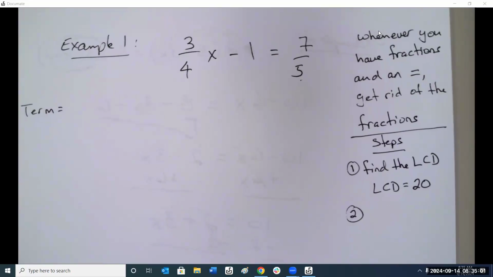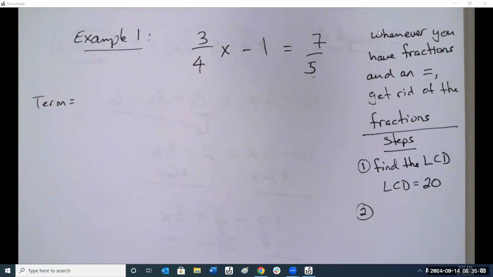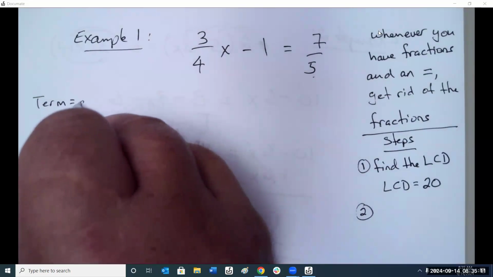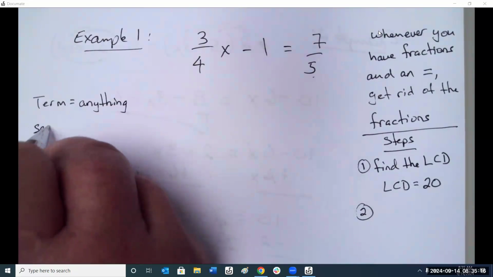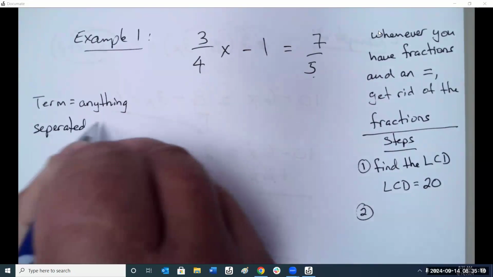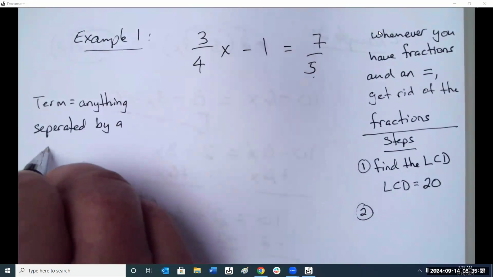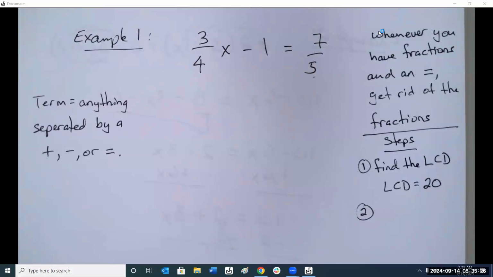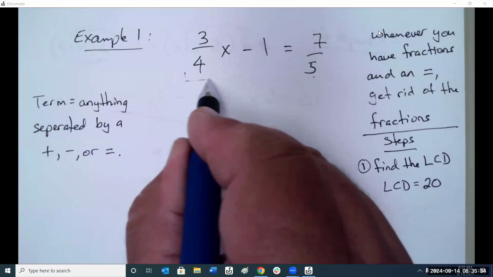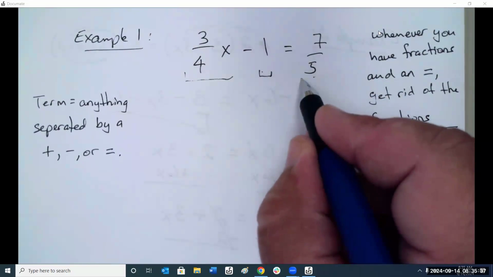A term is anything separated by a plus, minus, or equal sign. So how many terms do we have here? 1, 2, 3.